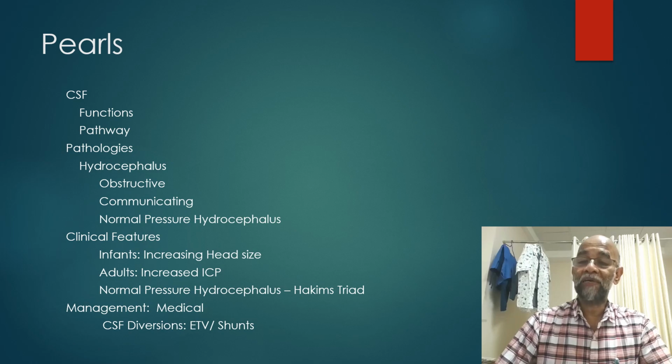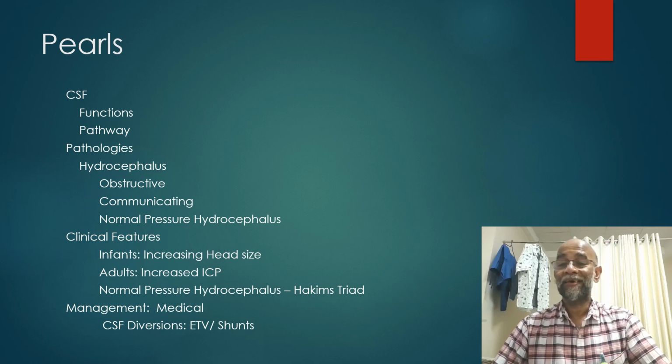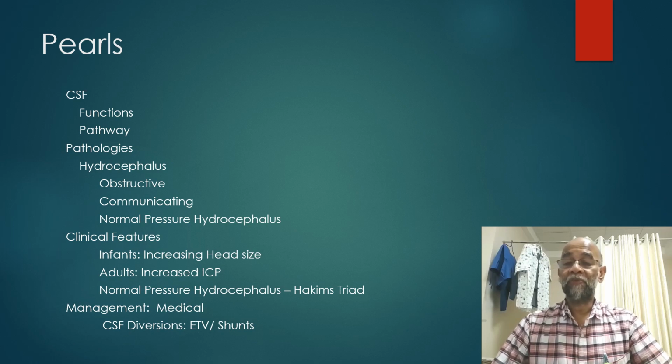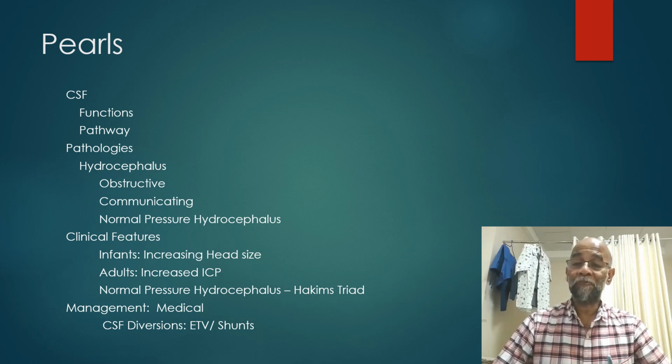CSF drains through the lateral ventricles through foramina of Monro into the third ventricle, and from the third ventricle through the aqueduct of Sylvius into the fourth ventricle. CSF exits from the fourth ventricle through the midline foramen of Magendie and the lateral foramina of Luschka to the subarachnoid space, where it flows through the cisterns and then flows on the surface of the brain in the subarachnoid space to be absorbed by arachnoid granulations.